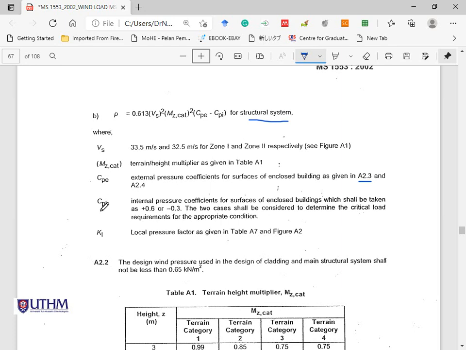The internal pressure coefficient shall be taken as 0.6 positive or 0.3 negative. KL is the local pressure factor in table A7 and figure A2.